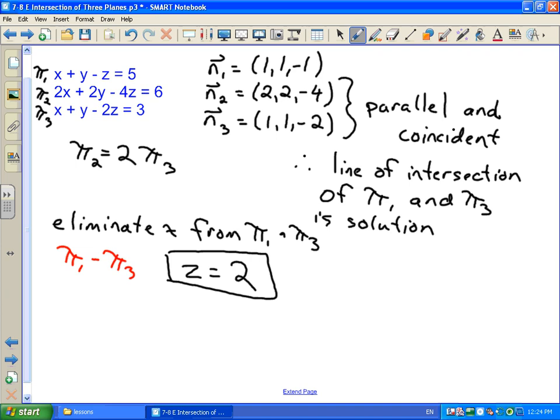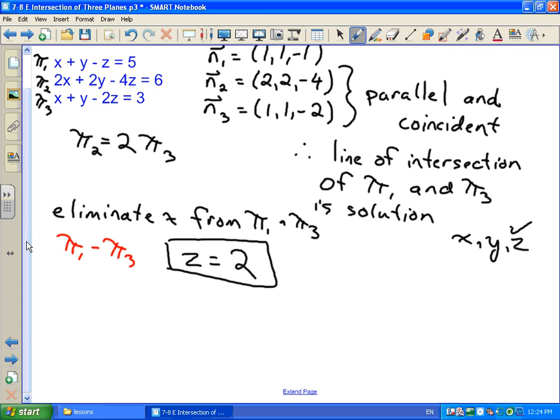Now remember, what I'm going for here is parametric equations. So I want expressions for x, y, and z. I've got my expression for z. So now I want to get rid of z back in one of my original equations. This is going to be really easy because I can get rid of z simply by substitution here.